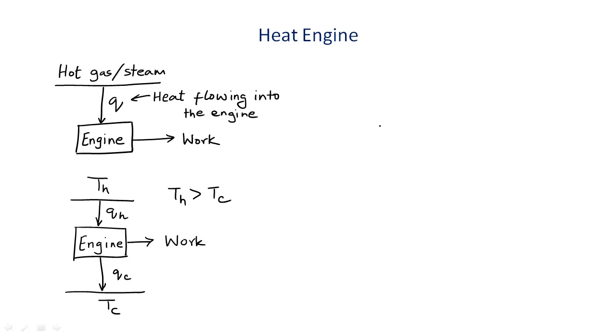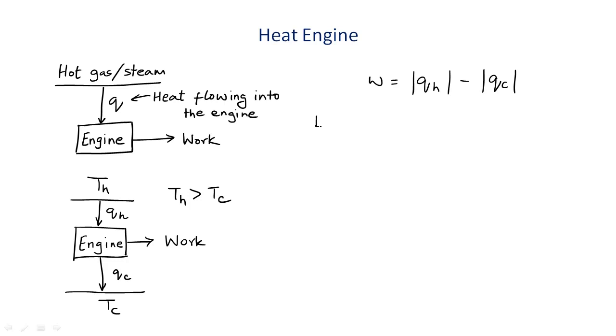Let us define efficiency. The work done in an engine is W equal to Q hot minus Q cold. We take the absolute values so that we don't have to worry about the signs of these heat absorbed and heat expelled.